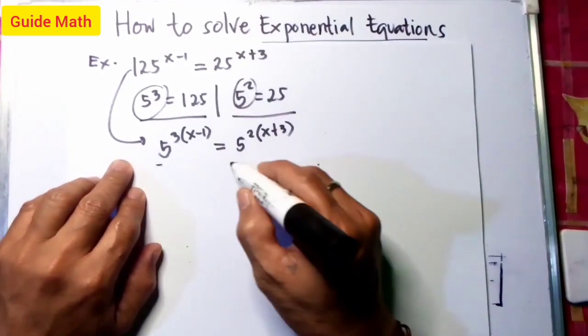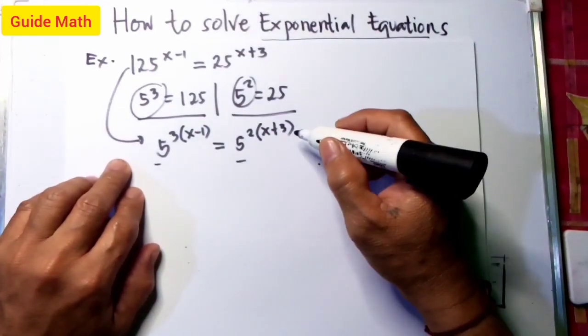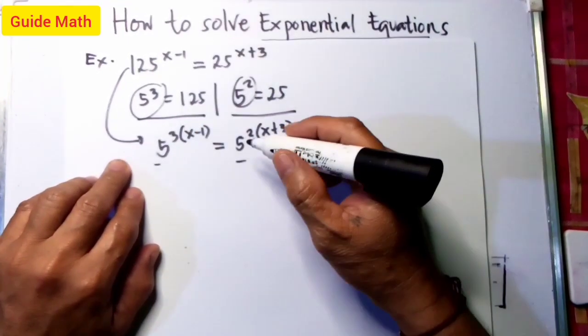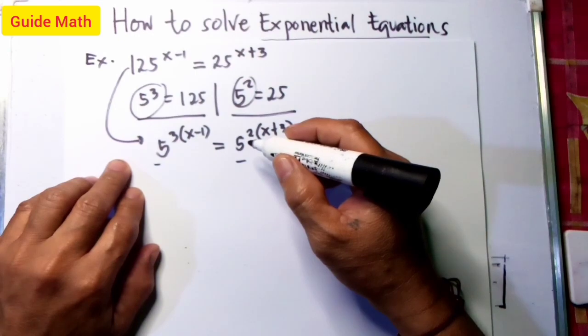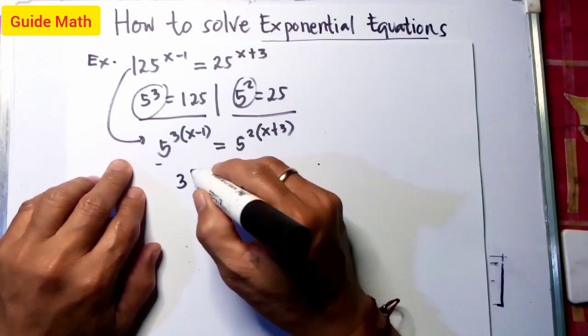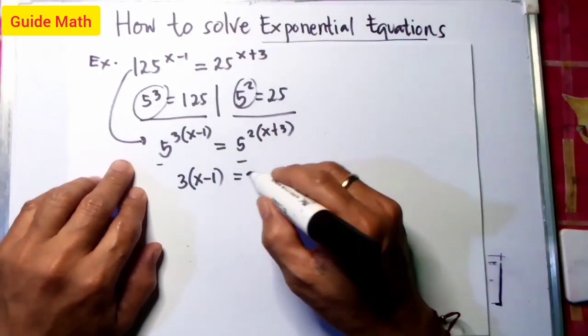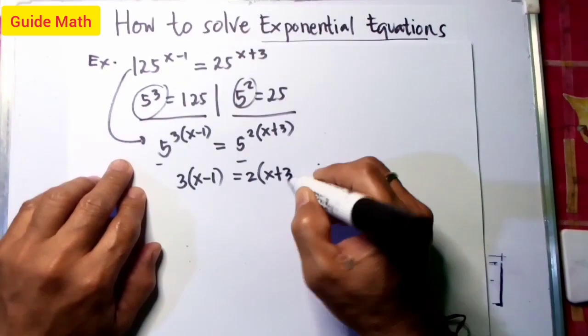So as we notice, same basis na sila, no? So i-work out na natin yung equation doon, that under the property of equality, we have now 3 times x minus 1 is equals to 2 times x plus 3.